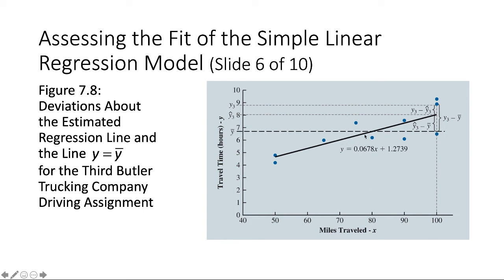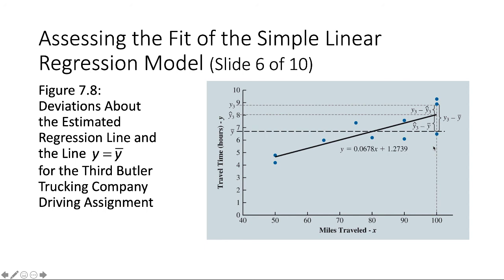This one is the mean of y line, and this one is the regression line. So the data is more closely spread around the regression line rather than the mean of y line. This shows that the regression model performed better than just using the mean as a predictor. Now we put it all together.